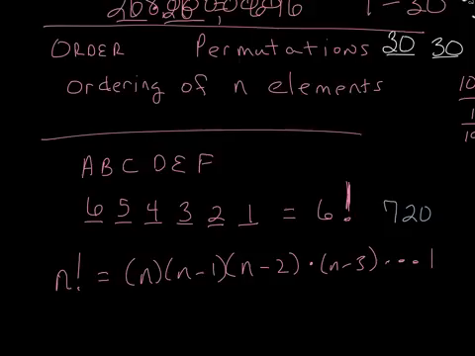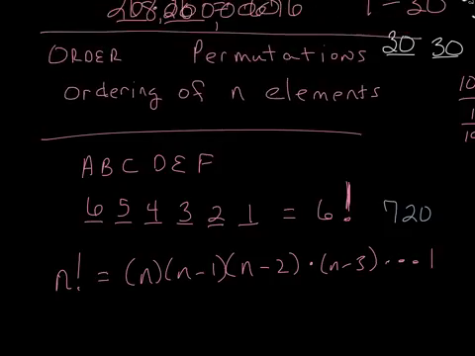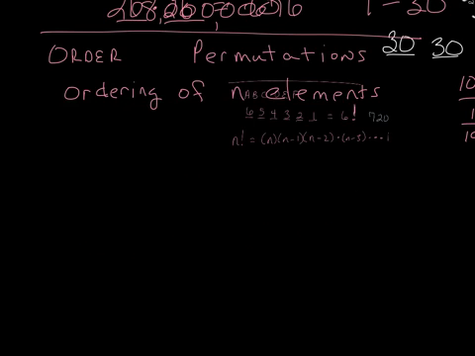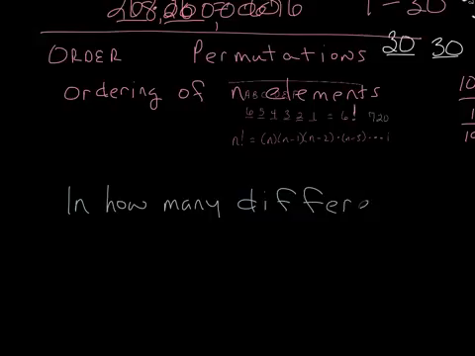All right. How many different ways could we line up 8 children in a row?